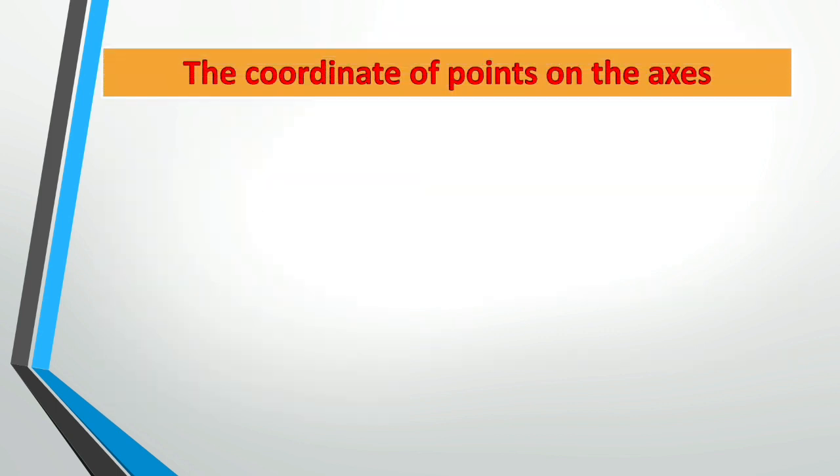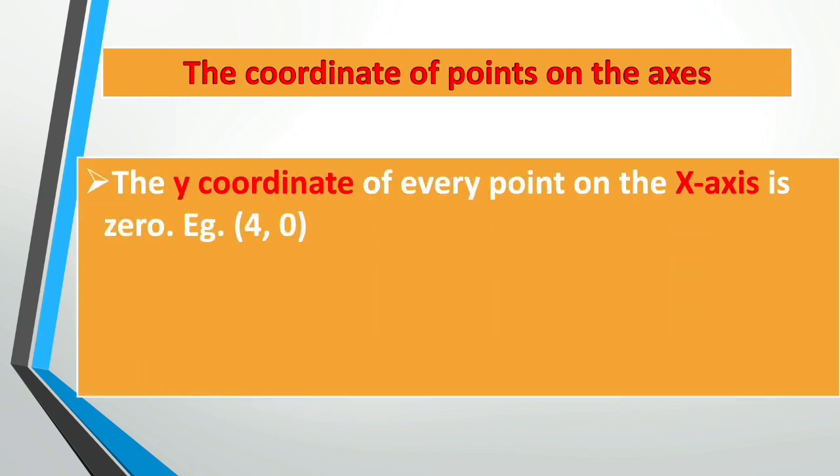Now children, the coordinate of a point on the axis. The y coordinate of every point on the x-axis is 0. It means if the x value is given 4 and y is 0, it will lie on the x-axis. X-axis means on the horizontal line of x-axis.